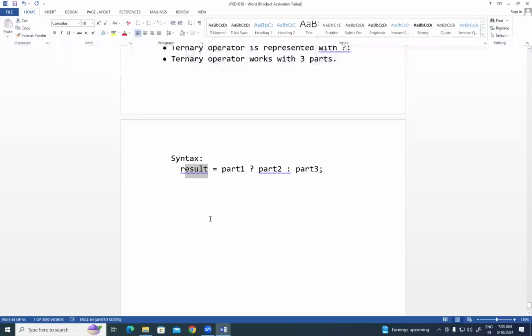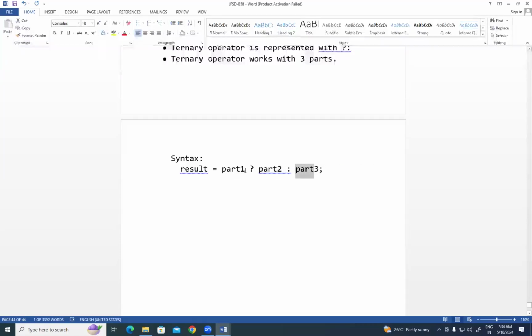Am I clear? Okay, folks, once again I repeat, then I will write the statement. Part 1 must be a condition. If part 1 is true, part 2 will be assigned to the result. If the condition is false, part 3 will be assigned to the result. Finally, what is going to be stored in the result? Either part 2 or part 3.